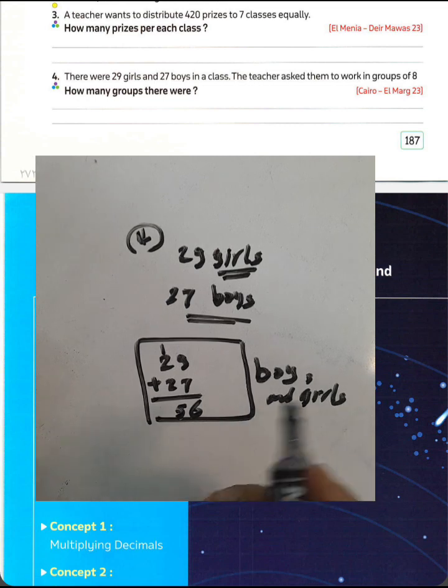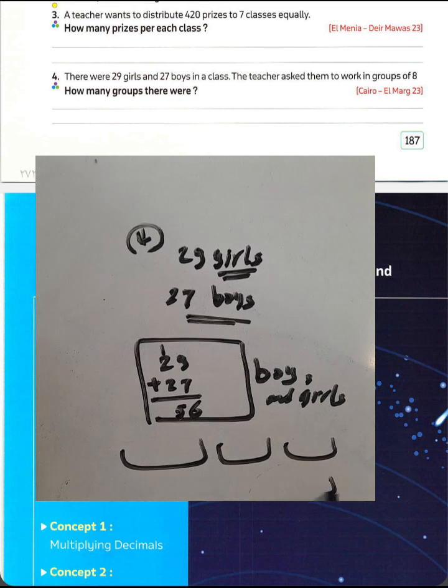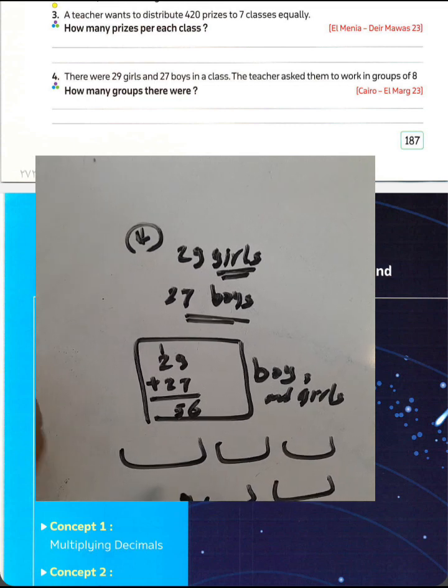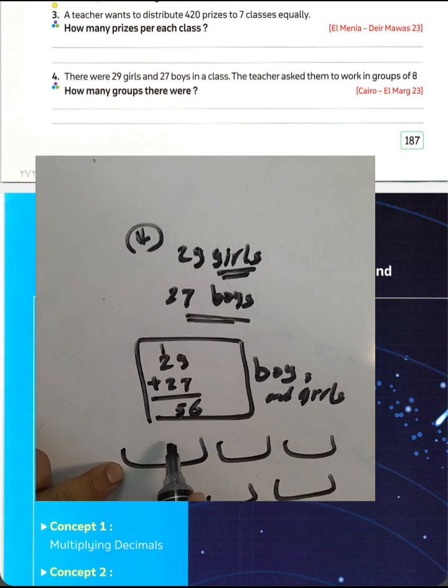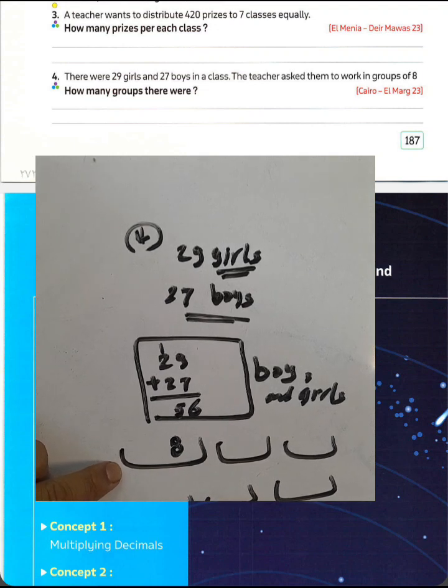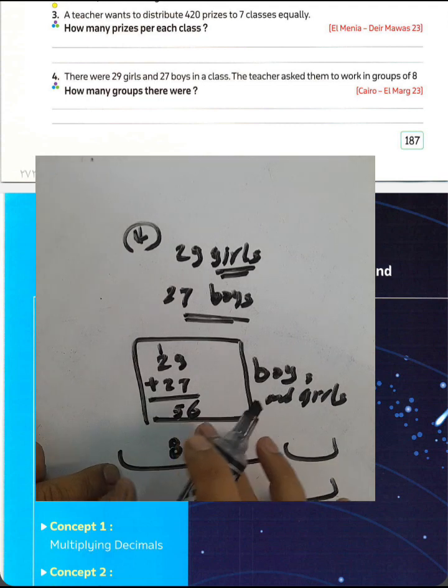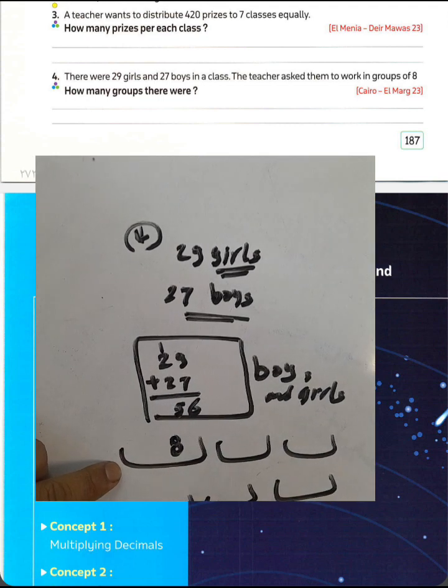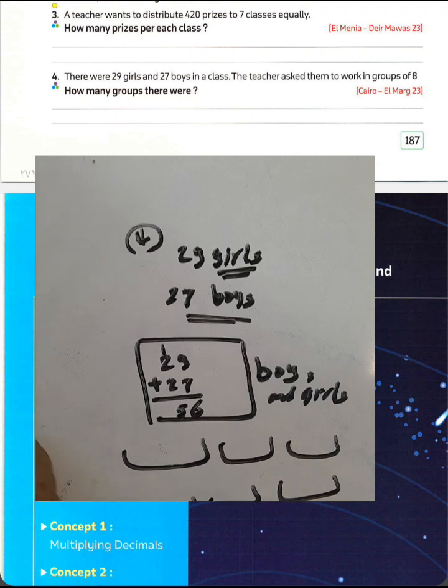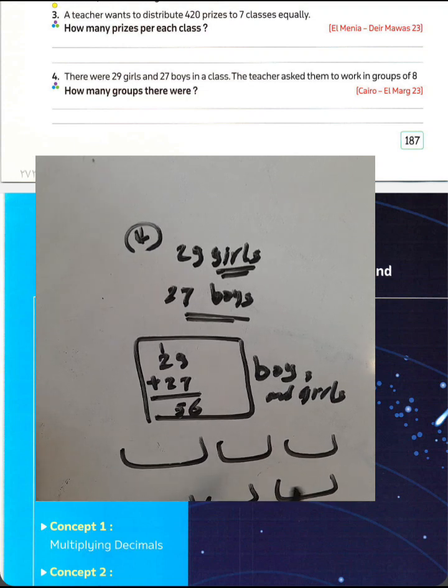How many groups were there? We want to find how many groups, but each group will have what? 8 students. We want to divide 56 students, but each group contains 8 students. Can you tell me how many students in a group? 1, 2, 3, 4, 5, 6, 7, 8. We want to divide 56 into 8 groups. How many groups? 8 groups.